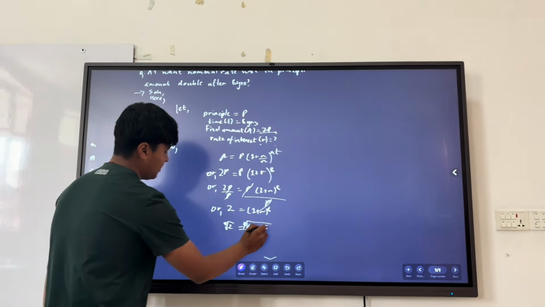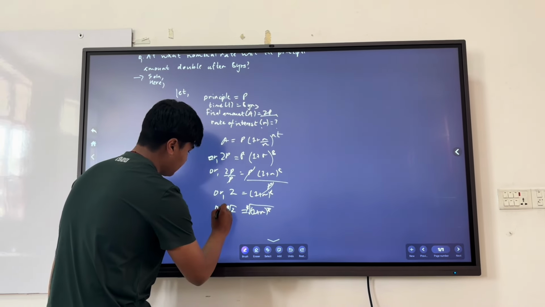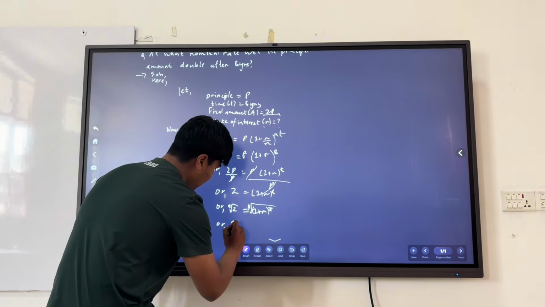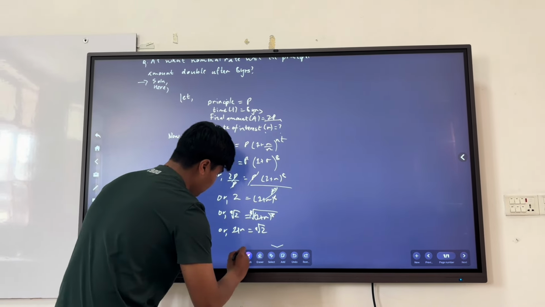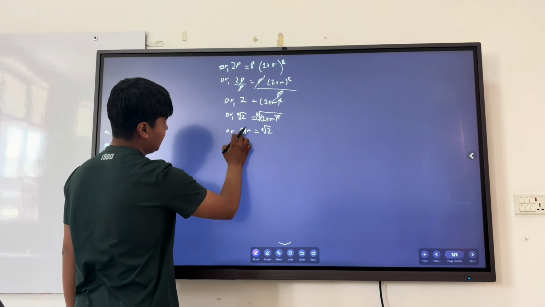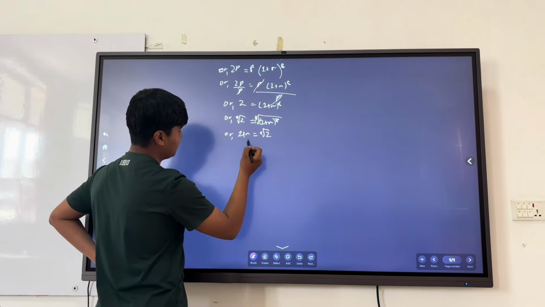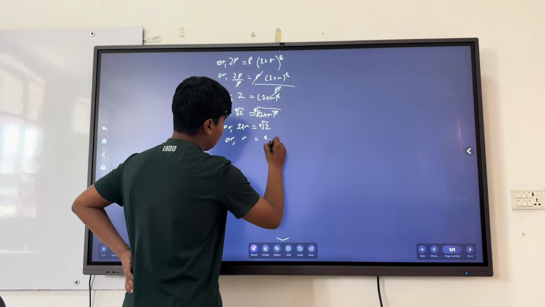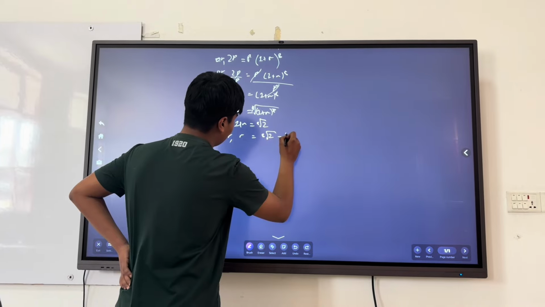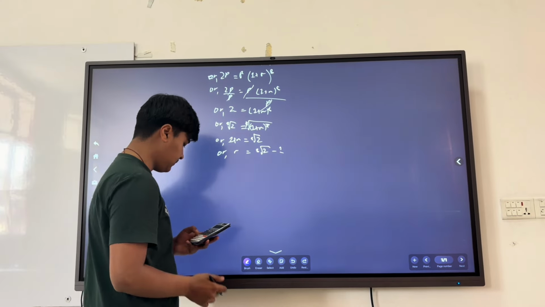So this root cancels out the power 8, and we get 1 plus R equals 8th root of 2, which means we can subtract 1 on both sides. So we get R equals 8th root of 2 minus 1. So this is our answer.